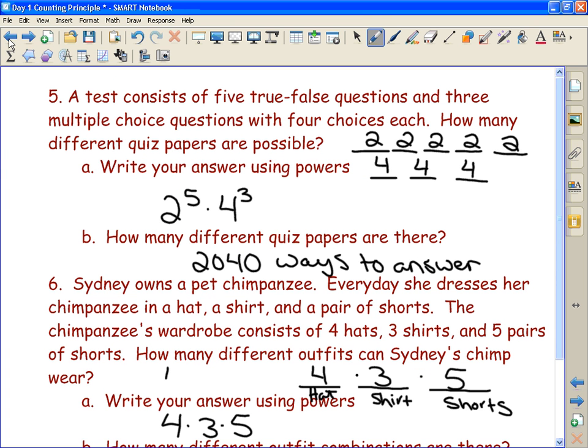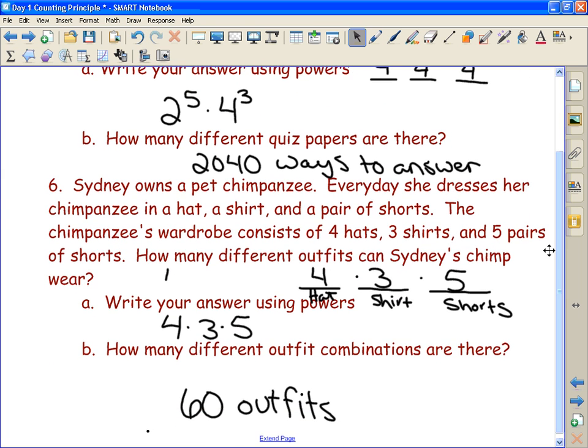All right, so that's it. So when you're done, you can check your answers, see how you did. This is what I got for my answers for 5 and 6. And that is it on the counting principles.